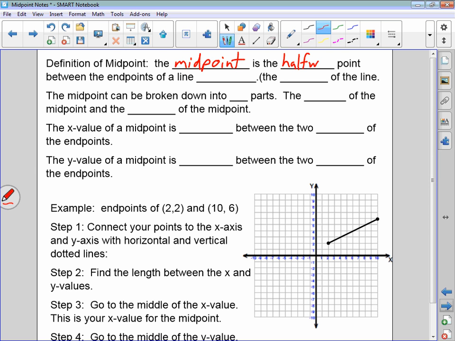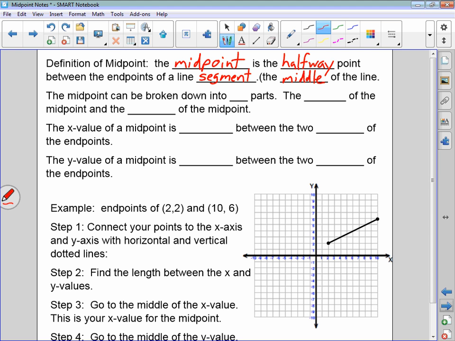You have made it halfway there. The halfway point between the endpoints of a line segment. In other words, it is the middle of the line. It cuts it into two equal parts.